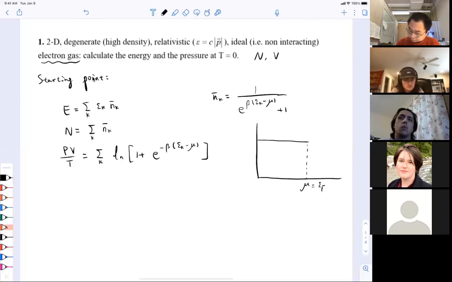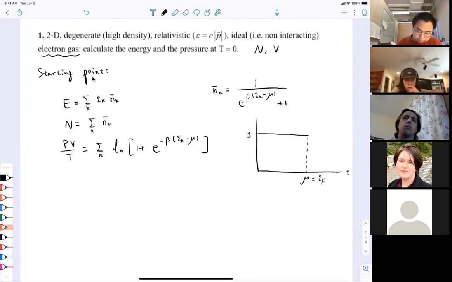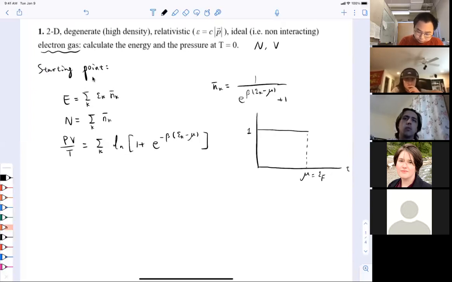It's actually your Fermi energy, right? This is the number of particles, this is the energy. So I just need to figure out these three integrals. That's it. So let's do it one by one.